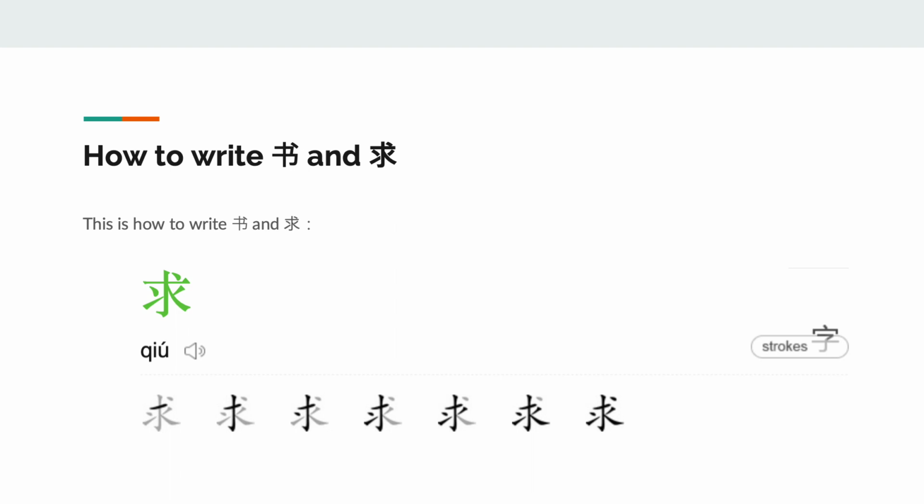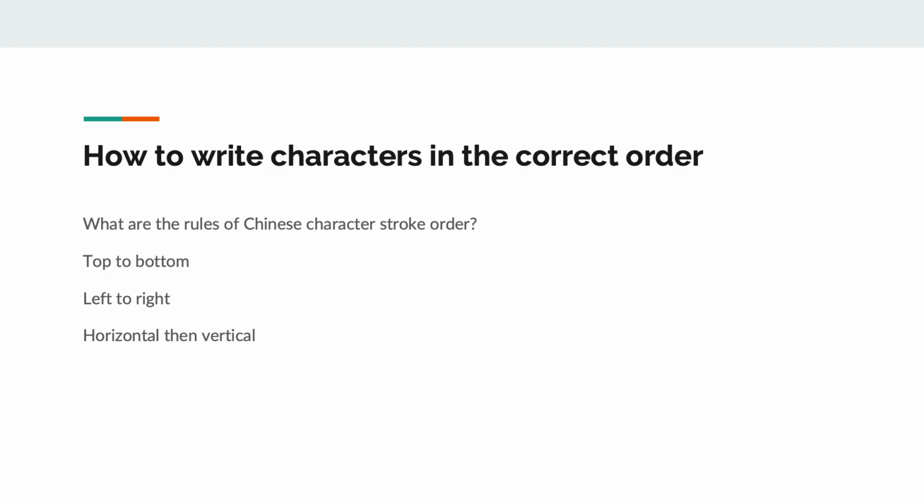The inside dots are next to last. In general, what are the rules of Chinese character stroke order? They are top to bottom, left to right, and horizontal then vertical.